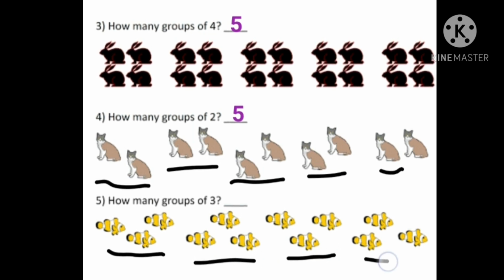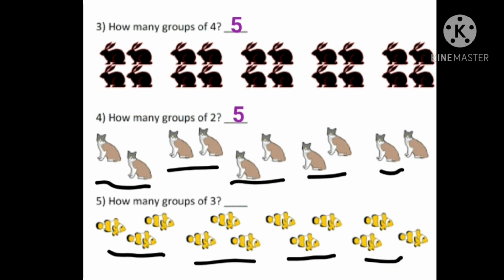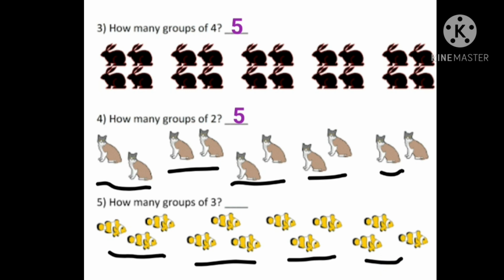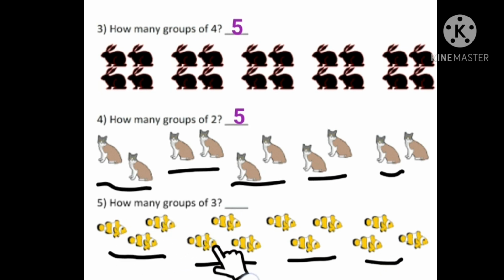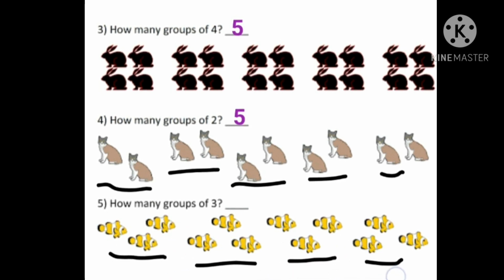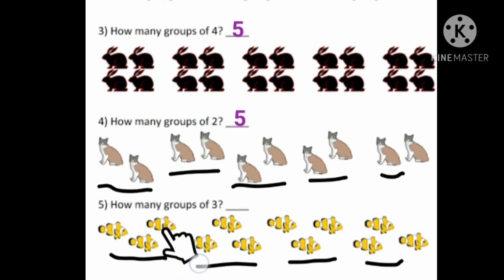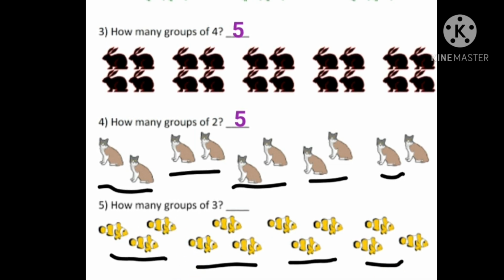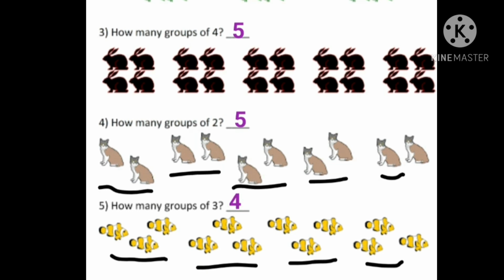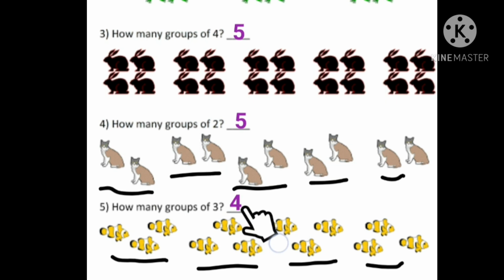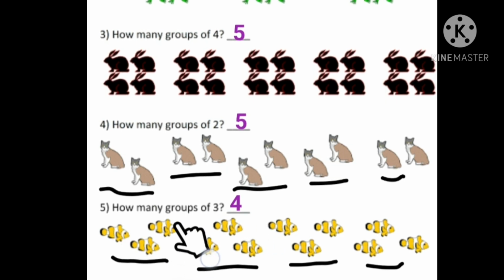And here is the fourth group. It also contains 3 fishes. So we have 1, 2, 3, 4. 4 groups, and each group contains 3 fishes. Okay, we have 4 groups containing 3 fishes each.